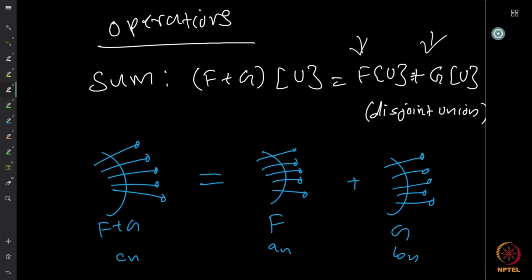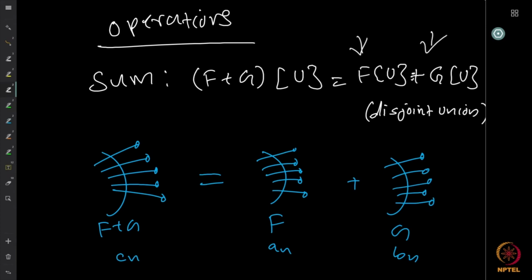I can do this by marking each F-structure with a marker saying it comes from F, and each G-structure with another marker saying it comes from G. This way I can make the disjoint union.